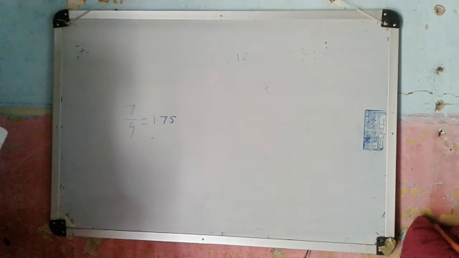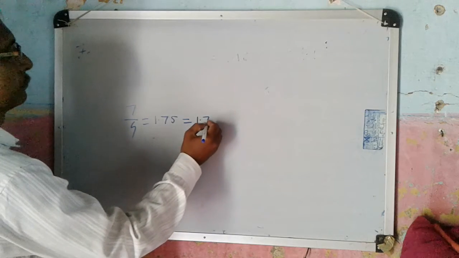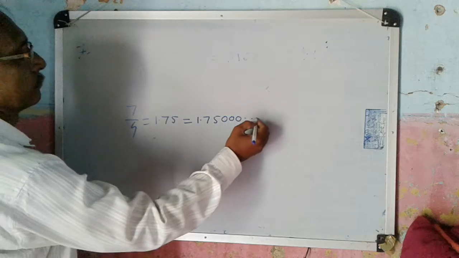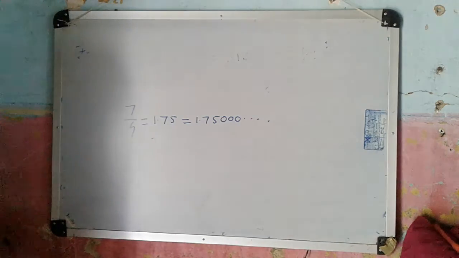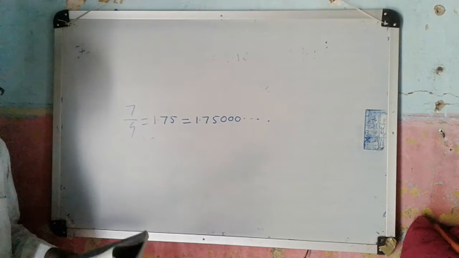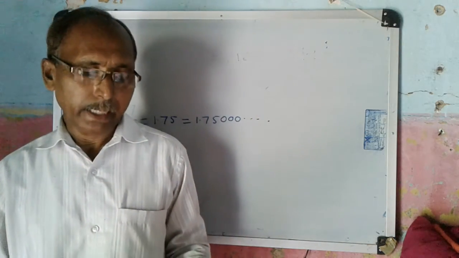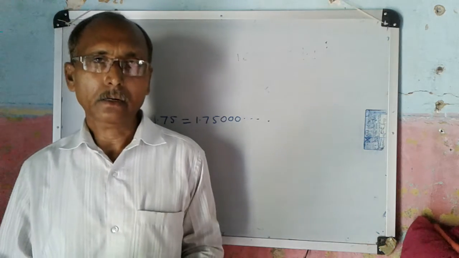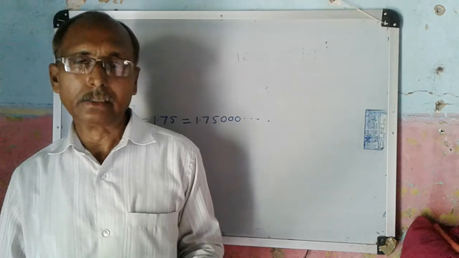So this can be written like this: so this is also non-terminating recurring form. So in this way, every rational number can be written in a non-terminating recurring decimal form. So next time we will have some examples from practice set 1.5.